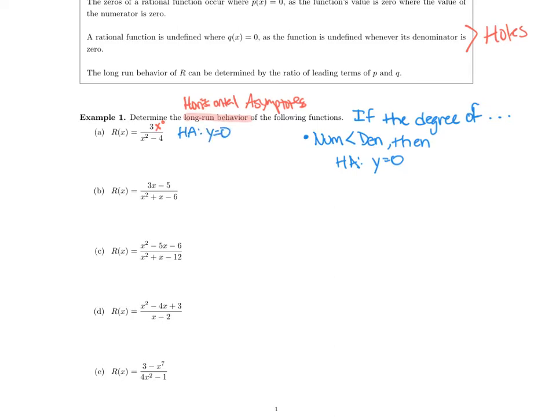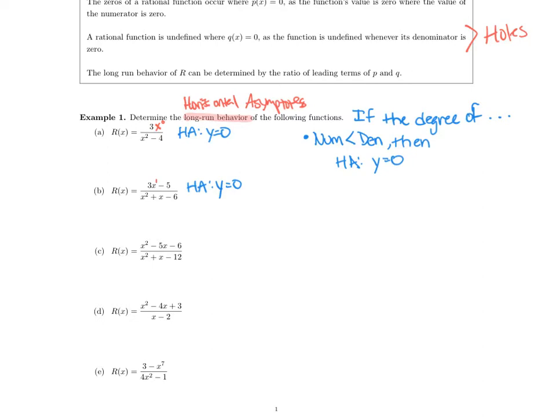And we can do the exact same thing for problem B. This is 3x minus 5, or 3x to the power of 1 minus 5, and in the denominator the degree is 2. Since the degree of the numerator is less than the degree of the denominator, the horizontal asymptote is y is equal to 0.